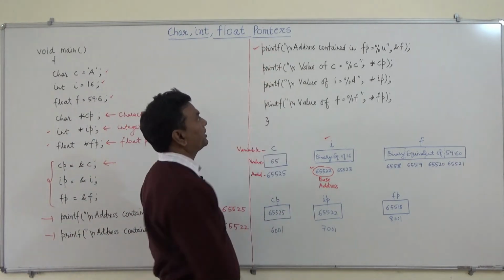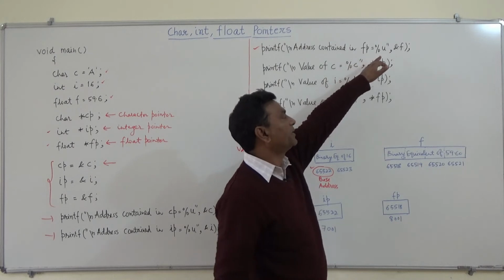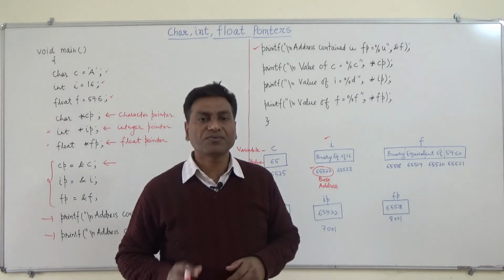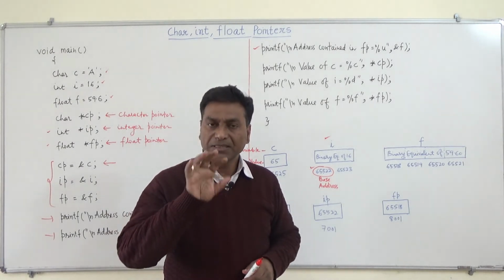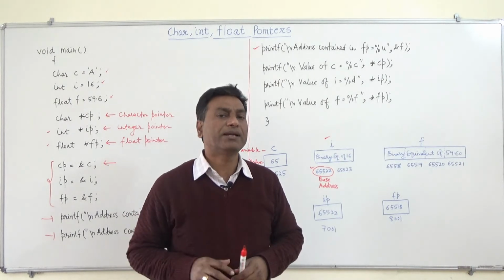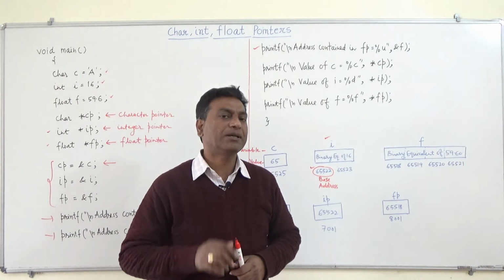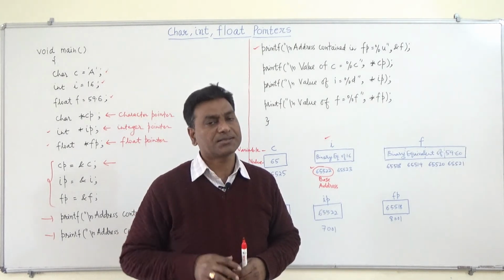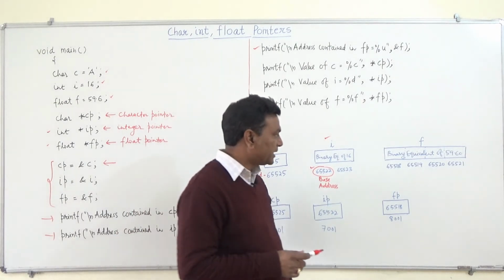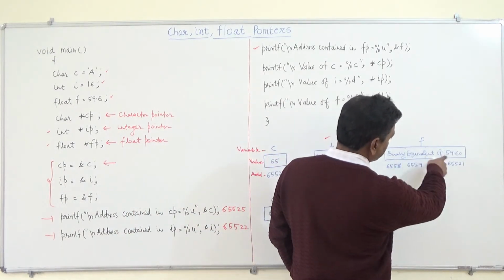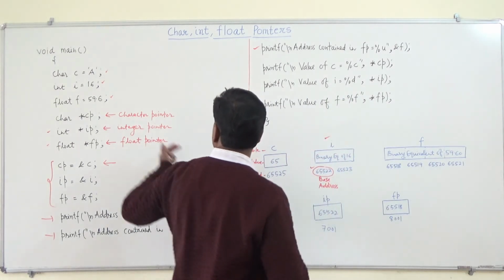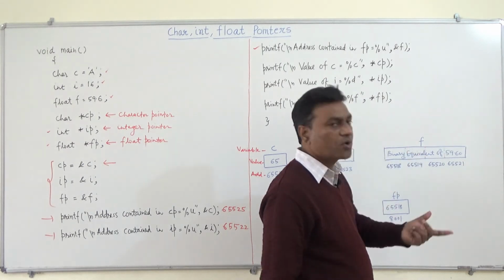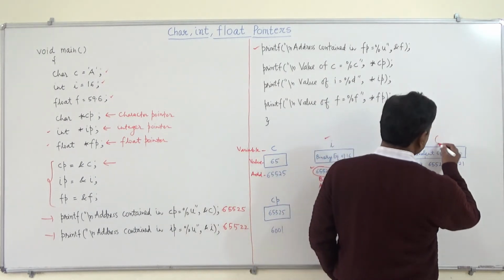Now we come to the next statement. Here we want to print the address contained in the float pointer. Now again we will see, because a float variable takes 4 bytes in memory, it means it will take 4 memory addresses, but the float pointer variable will store only one address, that will be the base address. So here the value of f is 59.60, that we can see here, and it occupies 4 bytes of memory.